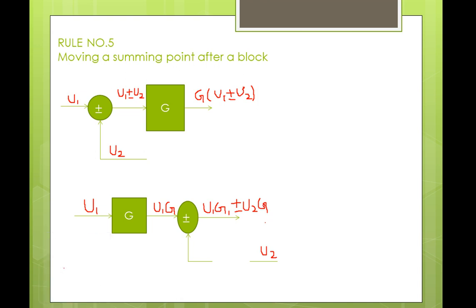Whenever you are moving the summing point after the block, you are getting the expression u1g plus or minus u2, but you need to get g times u1 plus or minus u2. So you need one more g here in order to satisfy the condition, because after moving the summing point you need to get the same expression you had initially.